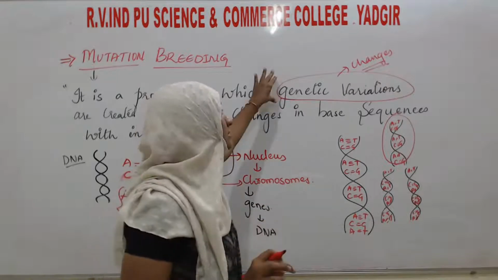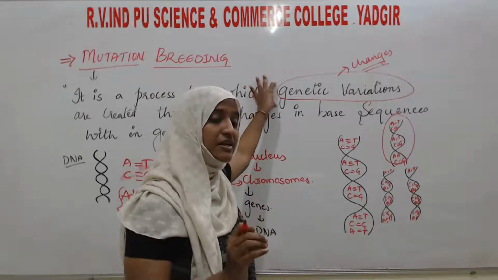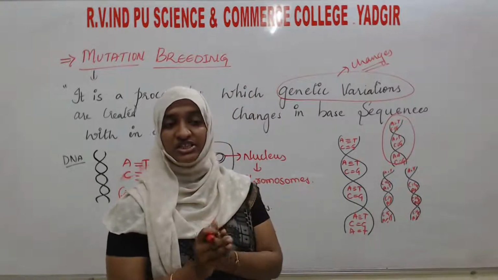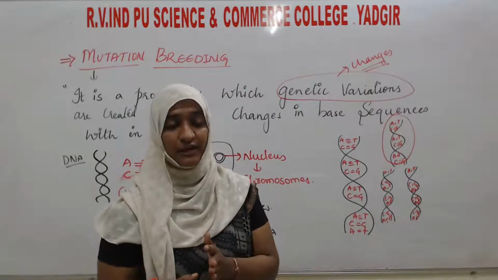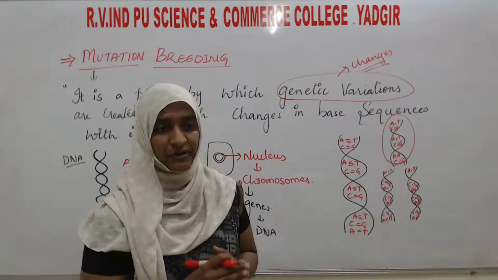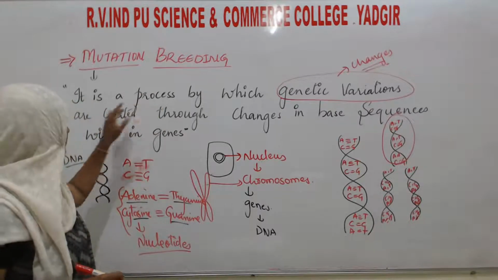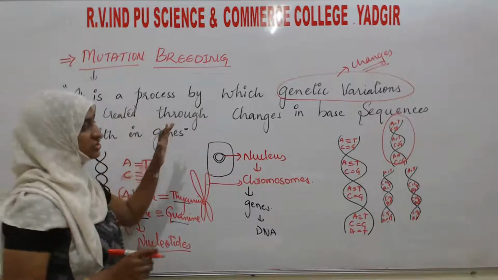So that is related with genetic material. If there is a change in the genes or genetic material, then there will be a change in the particular trait or character of a particular plant. So see here, genetic variations are created through the changes.